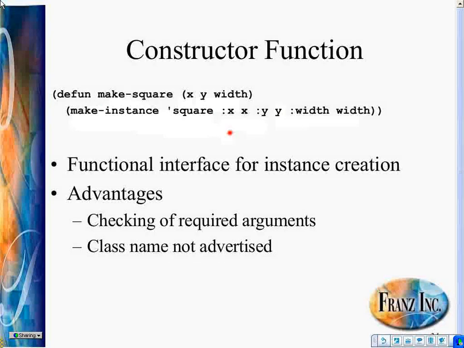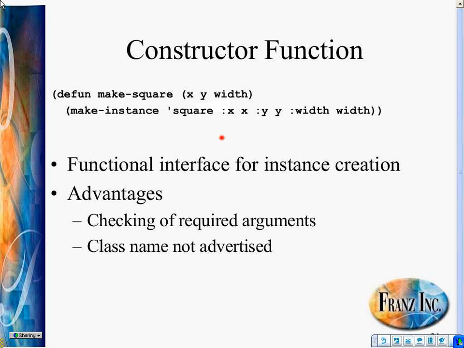The advantage of this is that you now have a functional interface for instance creation. You don't have to call make instance and then fiddle with a lot of arguments like the class name and so on. Instead, you just have a function called make square. It takes care of calling make instance, and it provides the arguments that are relevant. The thing is, make instance does no checking whatsoever.